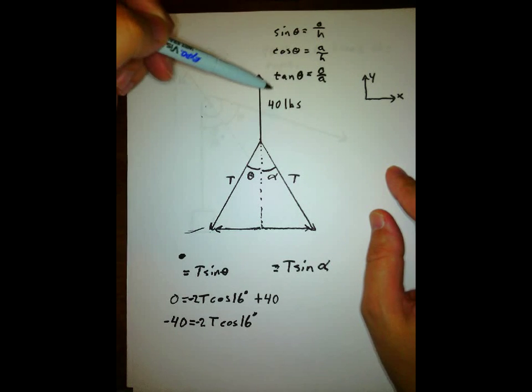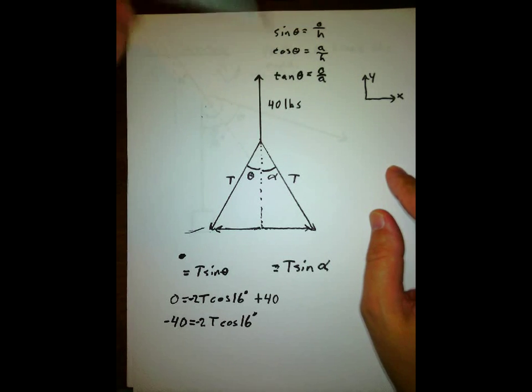I'd strongly suggest that you memorize this and work with it a little bit, because that's what we're using here, and you're going to use it in statics very often.